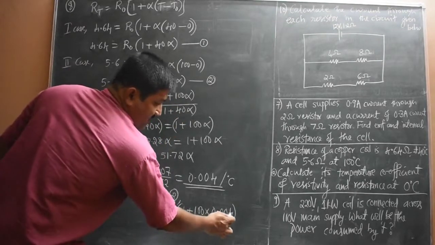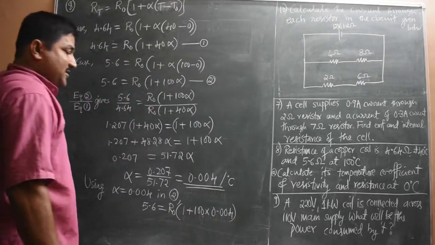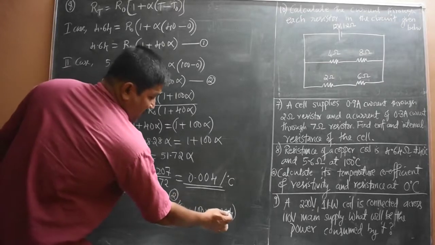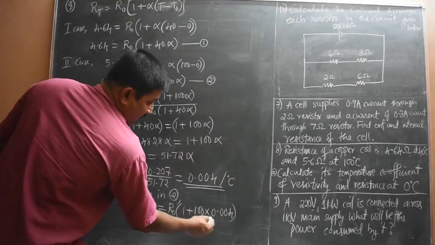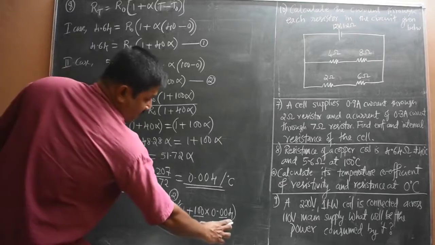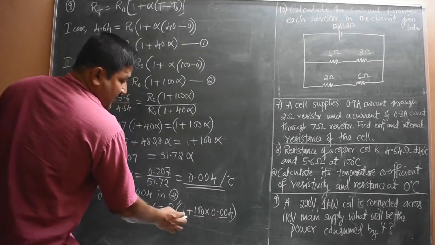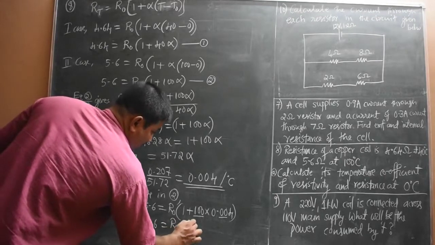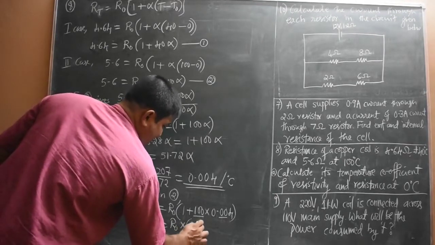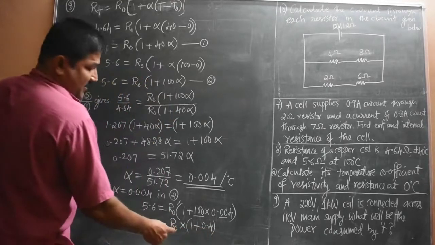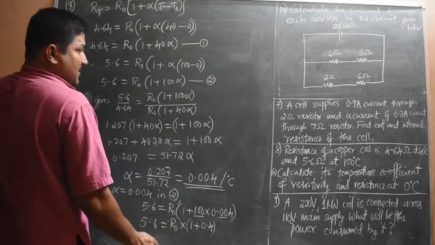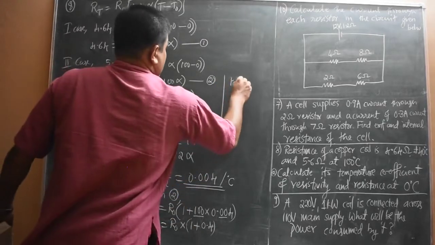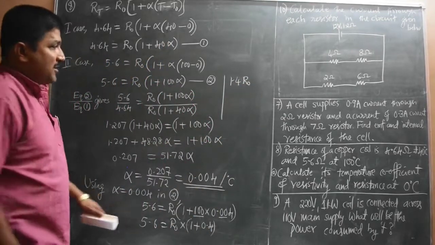Now 100 into 0.004 is just shifting the decimal point two digits right, or use a calculator. So it is 0.4, added with 1. So 5.6 equal to R0 into 1 plus 0.4, so it is 1.4 R0. So 1.4 R0 equal to 5.6.